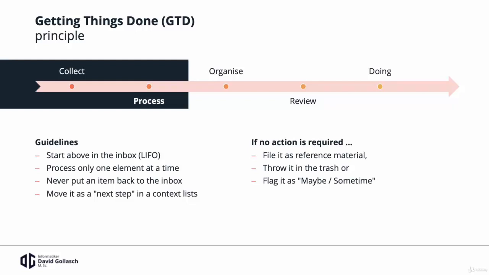Ideally, if you identified a next action, then move it as a next step into your context list or the action list. If you identified that for this item there's no action required, maybe it's not the right idea to just eliminate it entirely, but maybe it's something you want to keep track of for later.